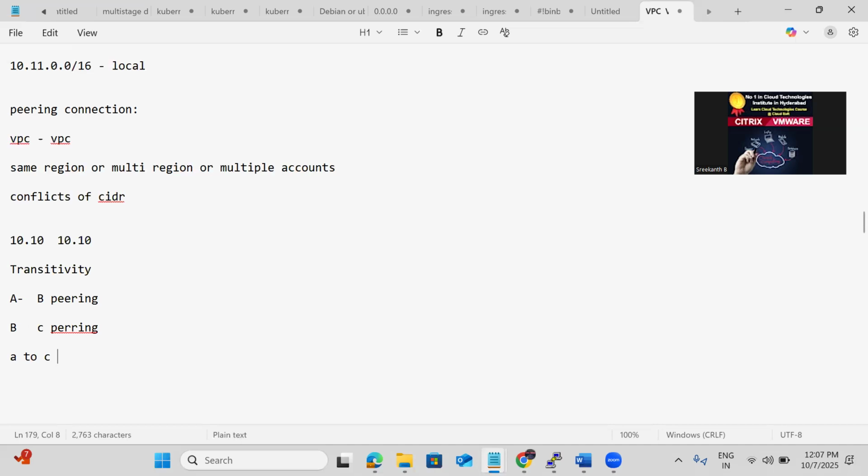What we need to do is explicitly enable that peering connection between them if we want it. Any doubts on this?